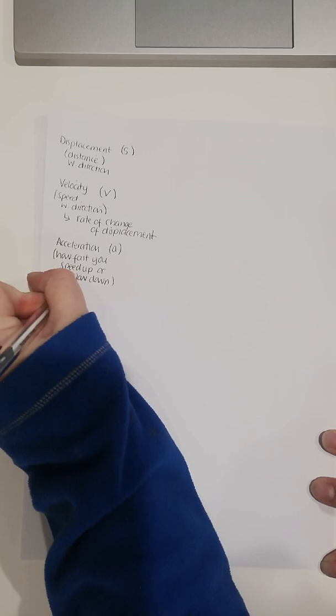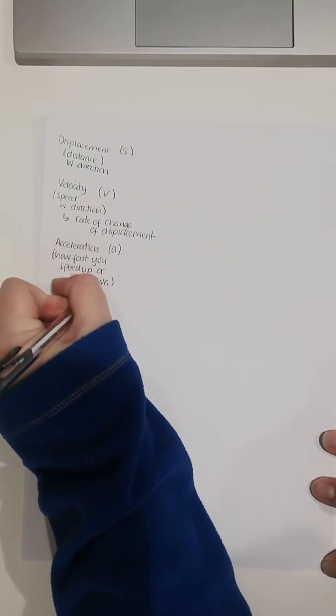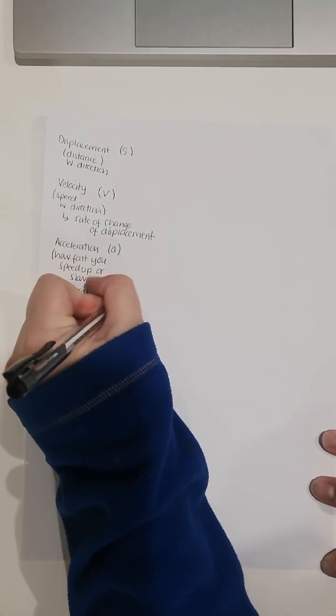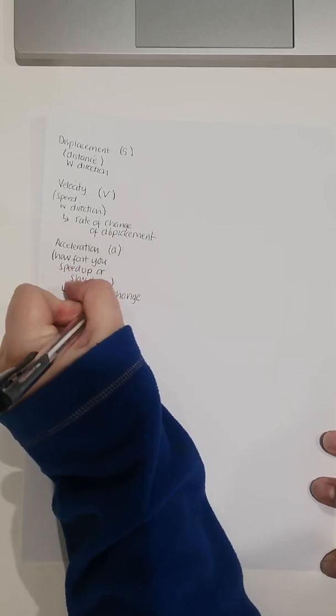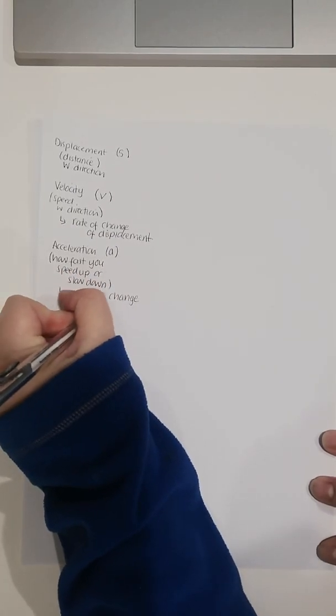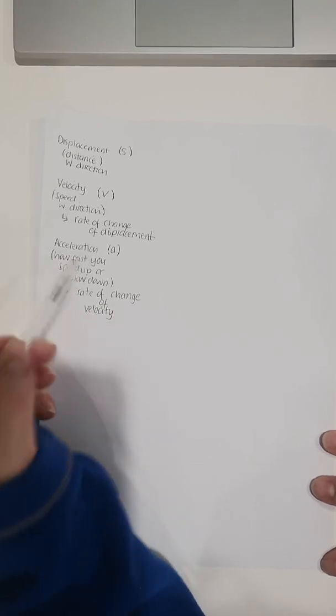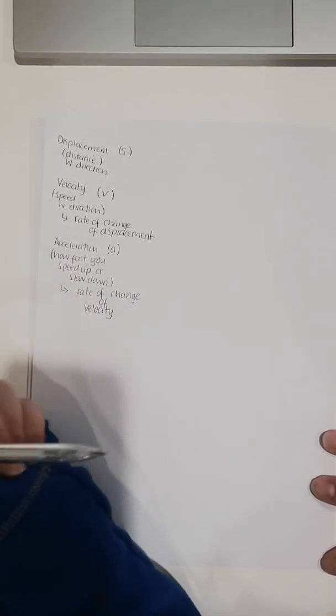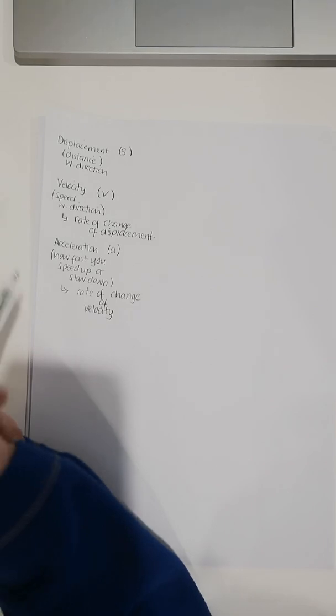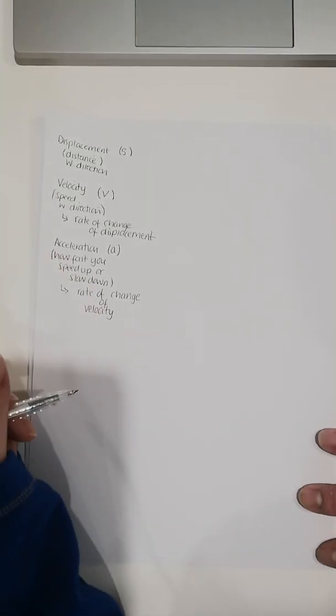It is the rate of change of velocity. So acceleration, if it's positive, you're speeding up. If it's negative, you're slowing down. So these things all connect to do with rate of change.